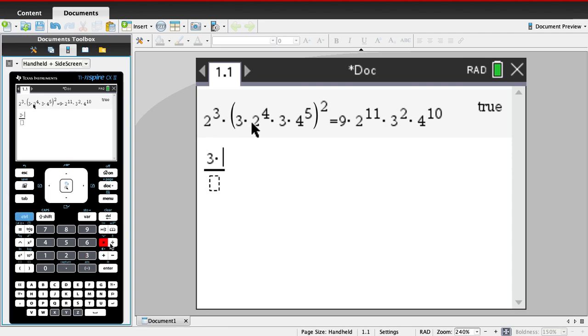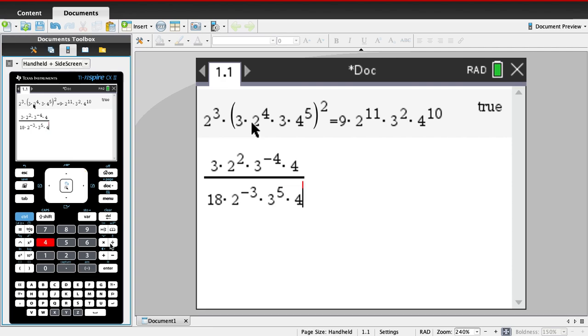So 3 times 2 to the power of 2 multiplied by 3 to the power of negative 4 multiplied by 4, all divided by 18 multiplied by 2 to the power of negative 3 times 3 to the power of 5 times 4 to the power of negative 2.